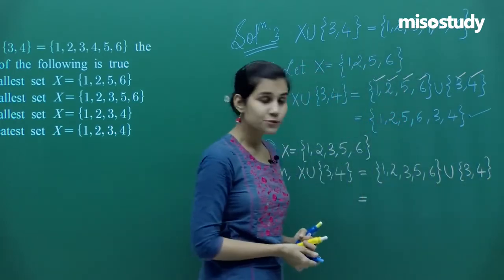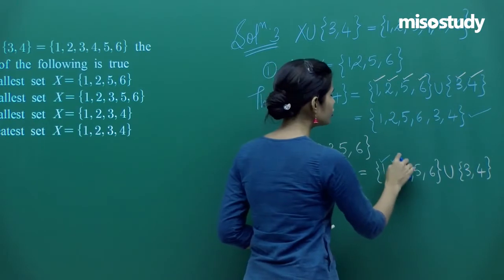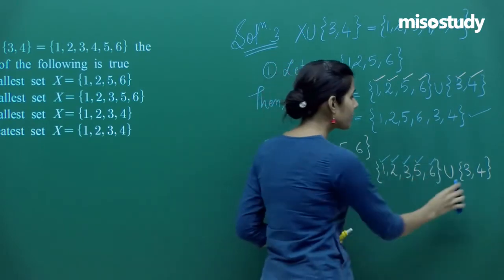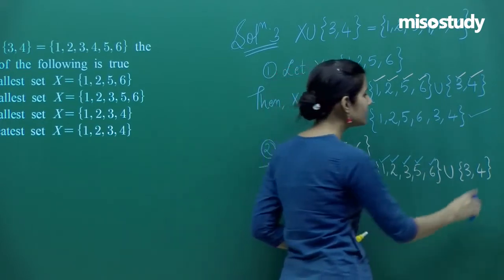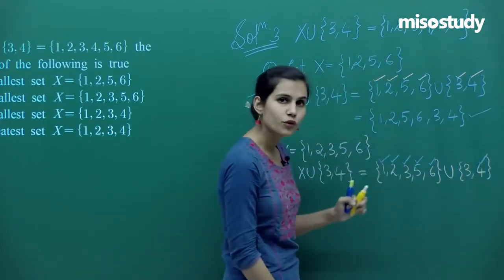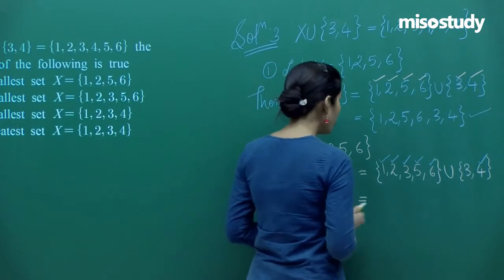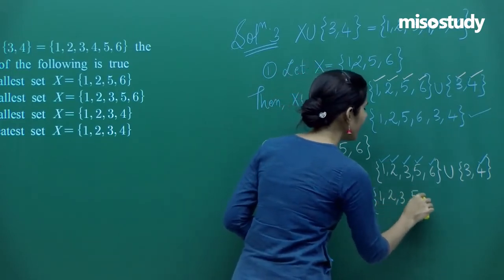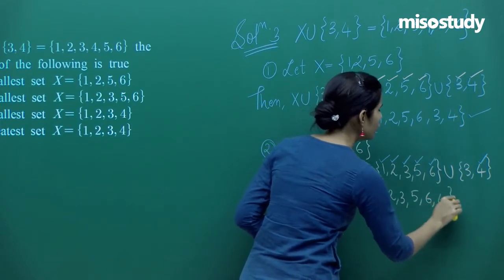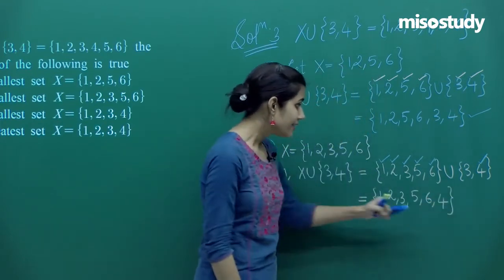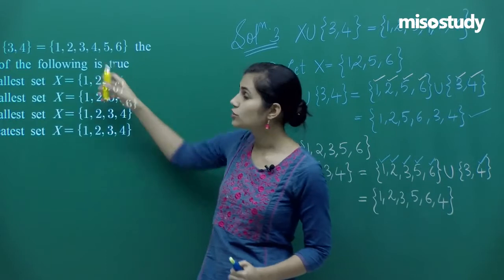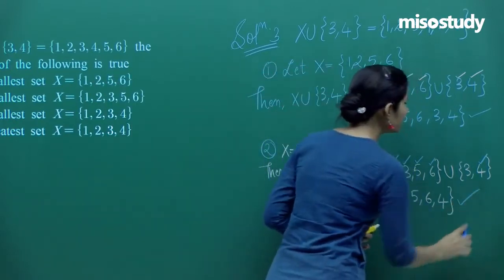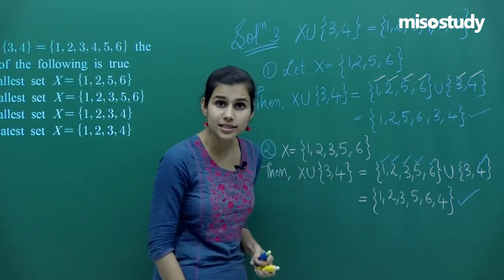Collect all the distinct members. 1, 2, 3, 5, 6 all are distinct. But because 3 has already been covered, I am just going to take 4 from the next set. What you obtain is 1, 2, 3, 5, 6 and 4. Well, this also matches with the set which is already given to you. That means even the second option is giving me the correct answer.